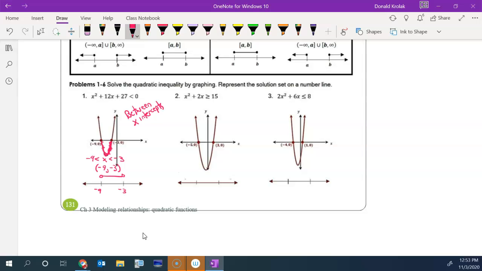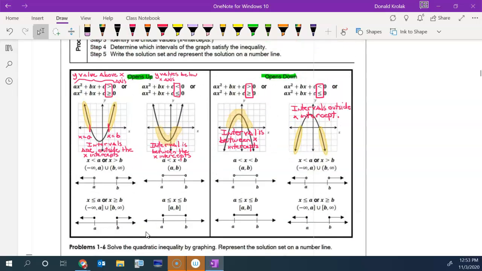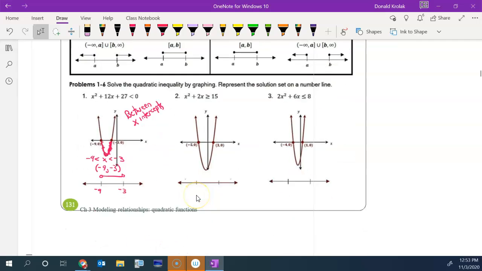All right, the next one opens up and is a greater than or equal to. So I go up to my little cheat sheet here. Intervals are going to be outside the x-intercepts. So where this thing is positive is outside of the two x-intercepts. So that's when I'm going to have my either-or. The only thing that's different now is instead of having a parenthesis, it's a bracket.